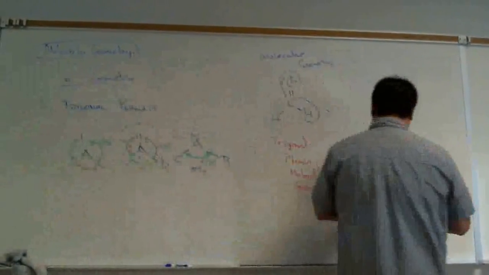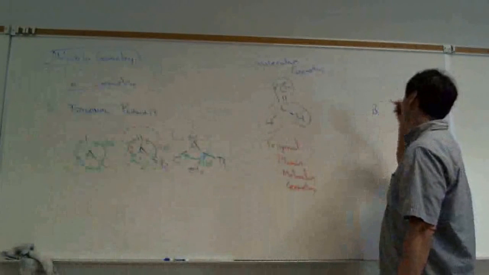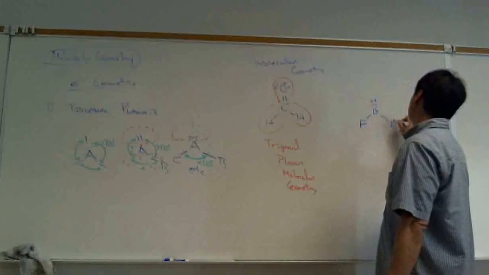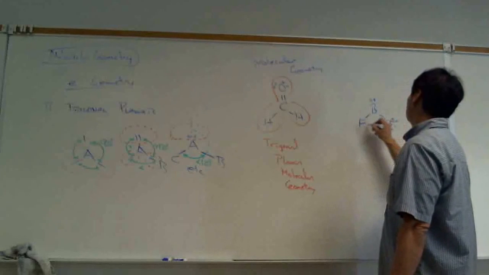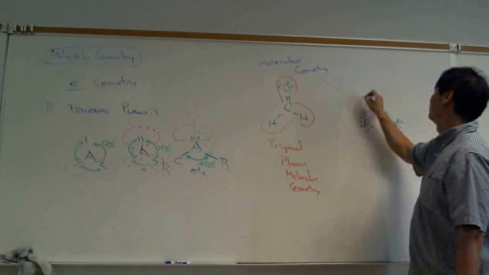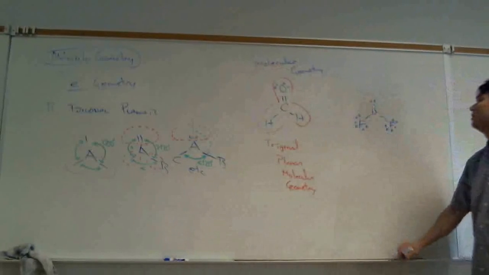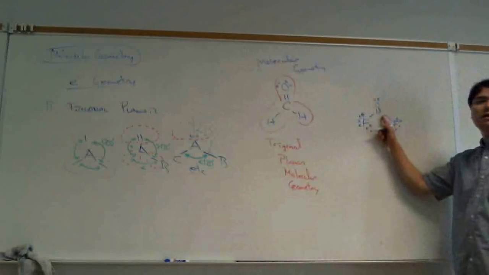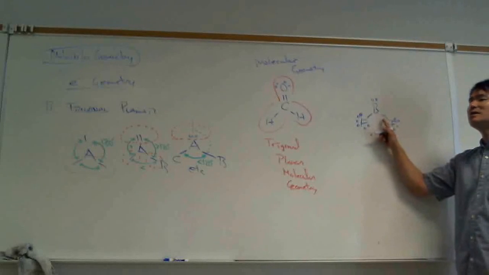If we look at another example, let's look at BF2 minus. Boron is a little bit unusual. Why? Because does boron have an octet here? No, it doesn't have an octet.